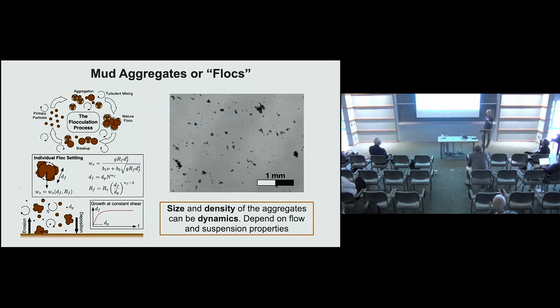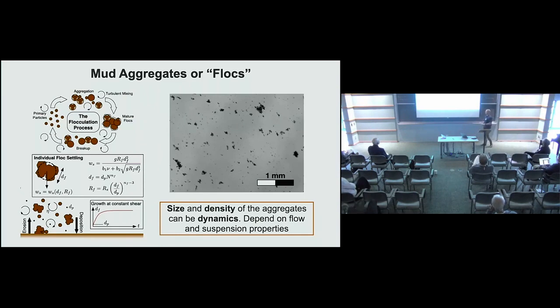But for mud, the interesting thing is that its size distribution is dynamic. It can grow in size, it can shrink in size. This can happen while it's up in suspension, and it can happen while it's on the bed. So size and density of the particles themselves become a dynamic part of the problem.